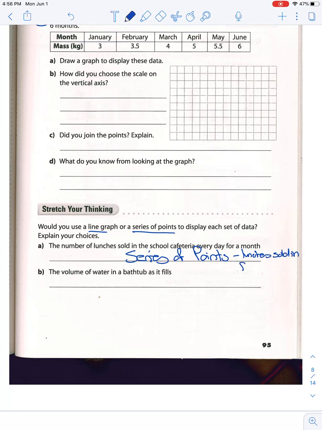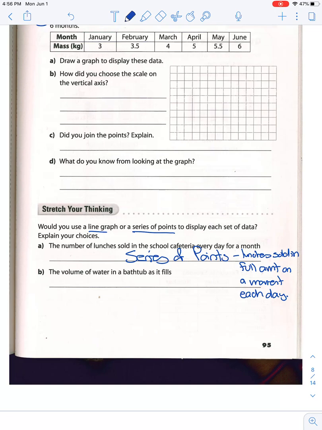Lunches sold in full amounts, on a moment each day, okay? You wouldn't continuously be selling them, and there wouldn't be continuously fractions that would be coming in.